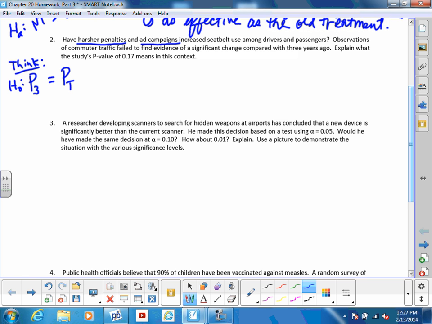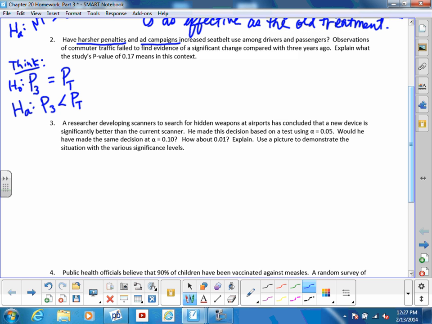Okay? So mathematically, that's what you as a statistician are going to do. And the hope is that, of course, harsher penalties and ad campaigns have done what? So the alternative, in a sense, is that the proportion of seatbelt wearers 3 years ago is less than today. Okay, so that's what's going on with this problem.